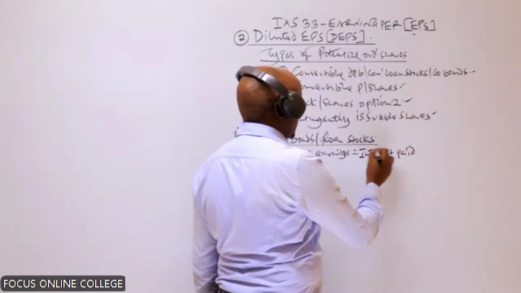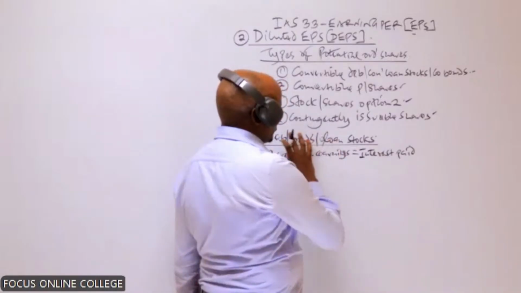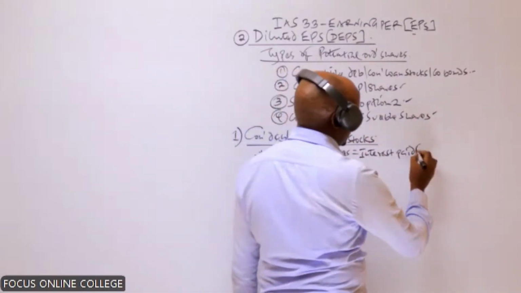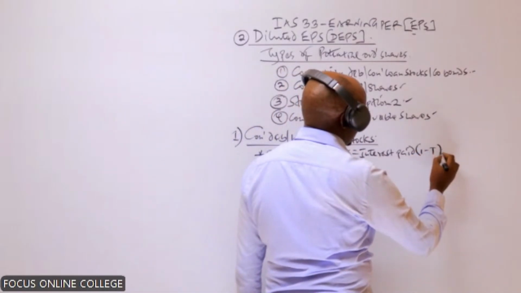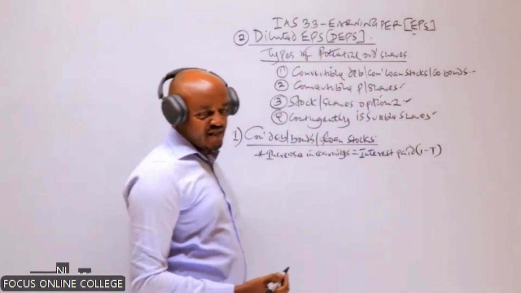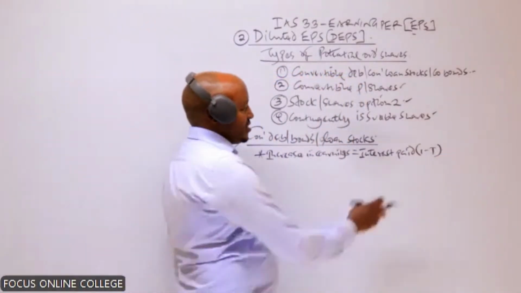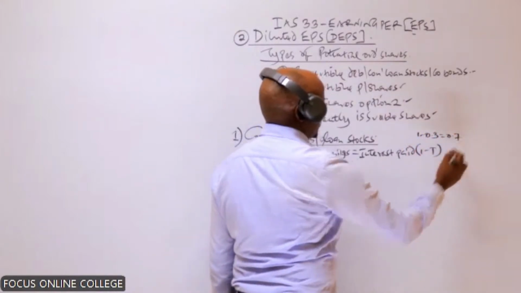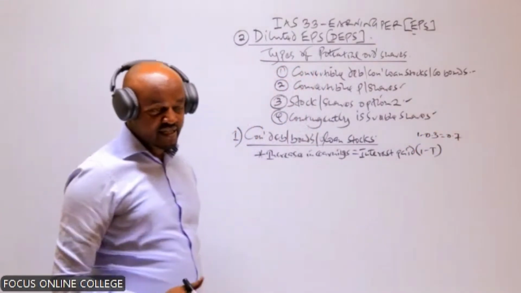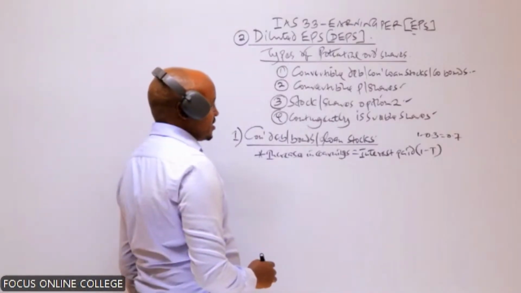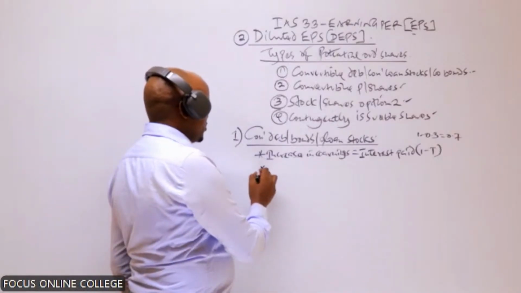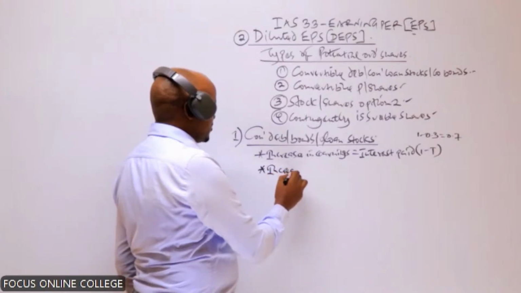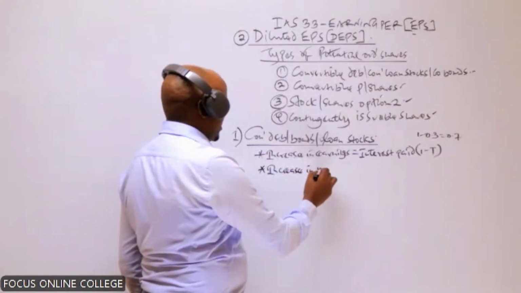How much interest was paid to the holders of these convertible securities? We multiply that with 1 minus tax rate. So if the tax rate is 30%, then this one will be 1 minus 0.3, which will be 0.7. So that will be the interest net of tax, the interest paid net of tax. Number two, how do we compute the increase in number of shares?